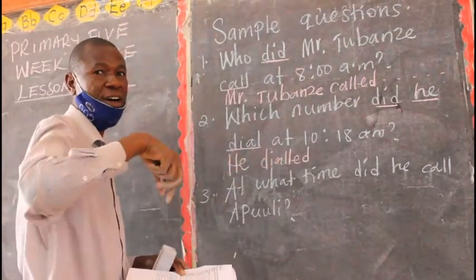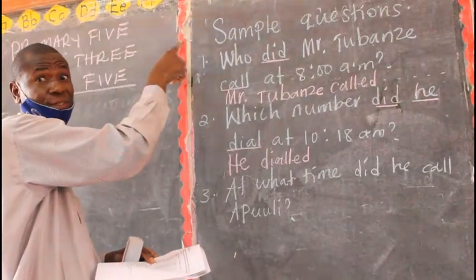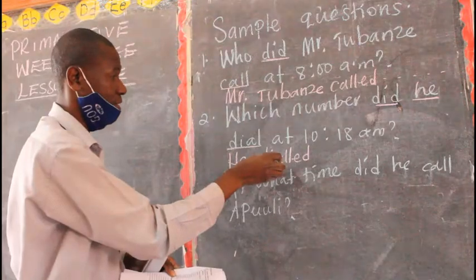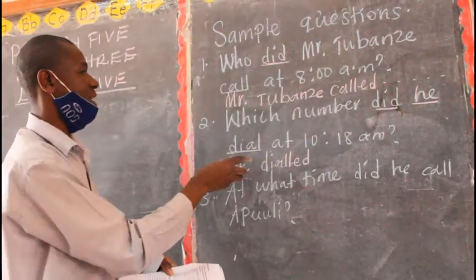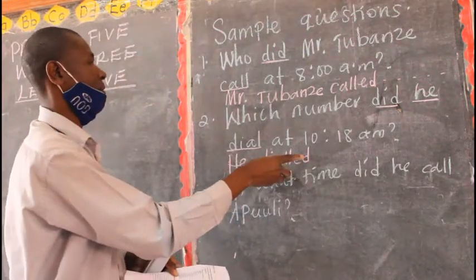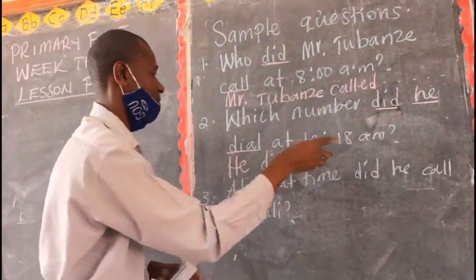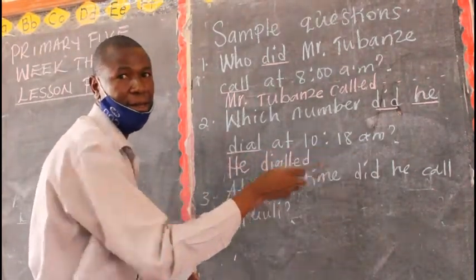You will even refer to the other table that I gave you as an activity in one of the lessons. You will find the word dial forming the past simple form as what? Dialed. So it is going to be he dialed. Then you write the number.